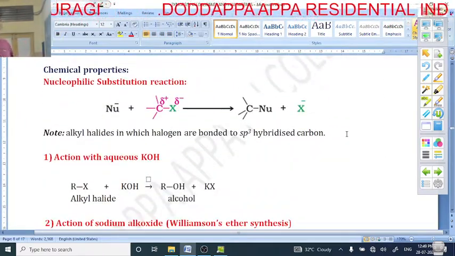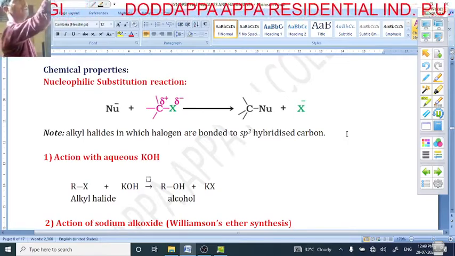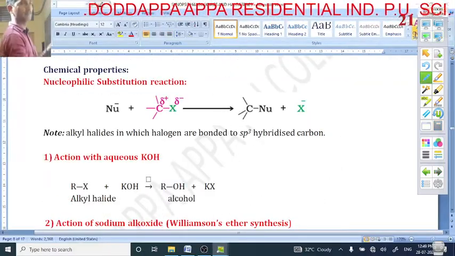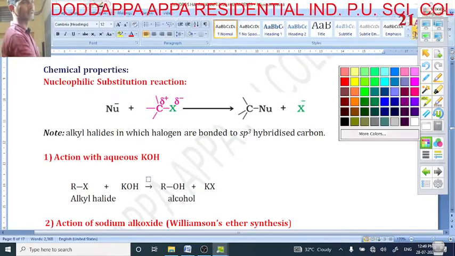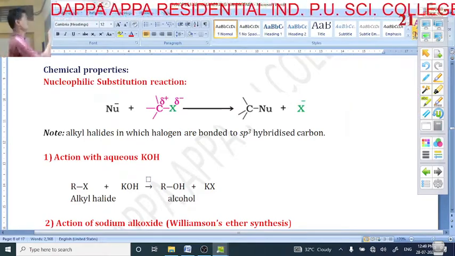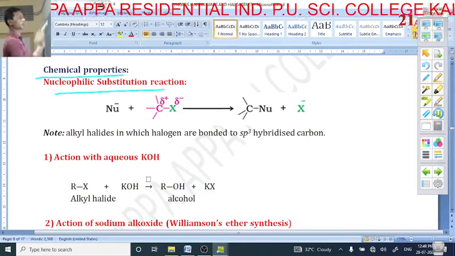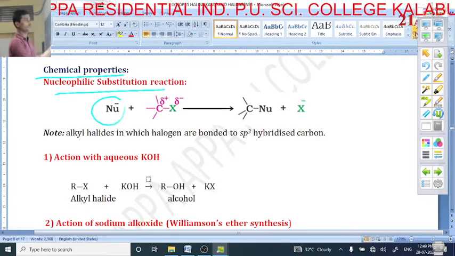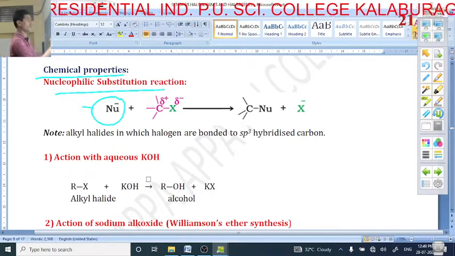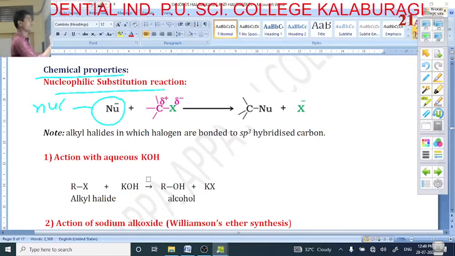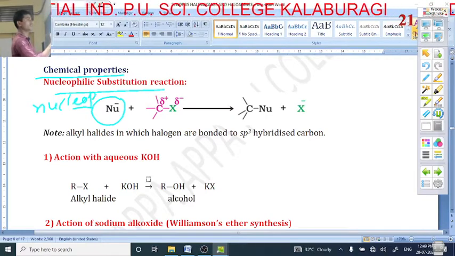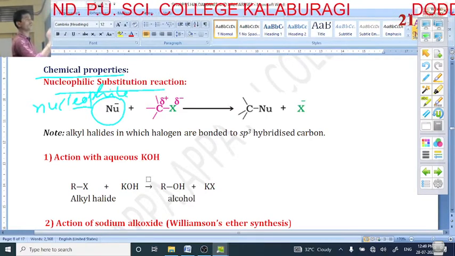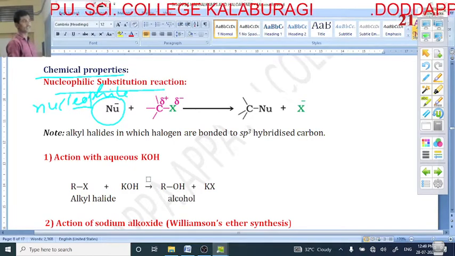Chemical properties. What are the chemical properties? The first is the nucleophilic substitution reaction. This is Nu minus, which is nothing but a nucleophile. Why is it called a nucleophile? A negatively charged species is called a nucleophile.